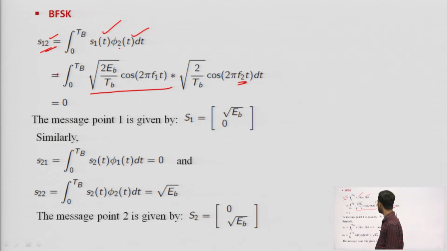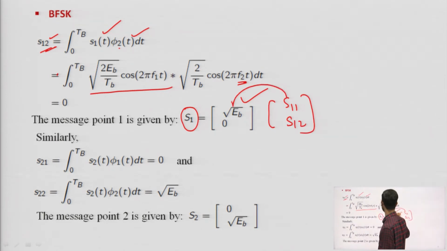Now the message point 1 is given by the coordinate point root EB, 0, that is S1 is S11 and S12. So S11 is root EB and S12 is equal to 0.